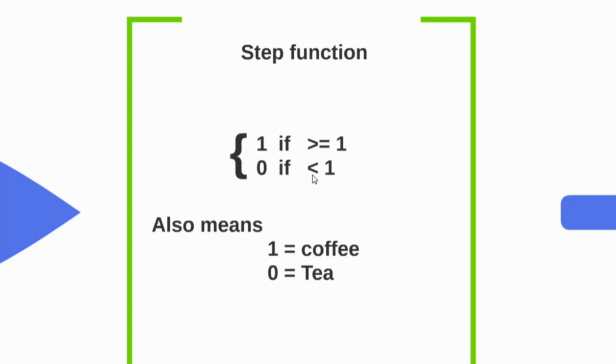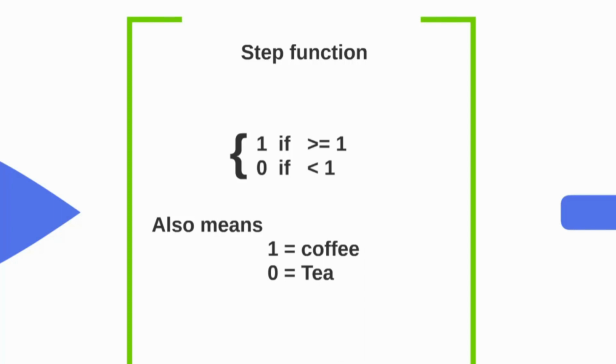If the output is less than 1, then make this a 0. It's very straightforward. So what this means is if it is 1, then the decision is to drink a coffee, and if it is 0, the decision is to drink tea. So that's how we make decisions with Perceptron.